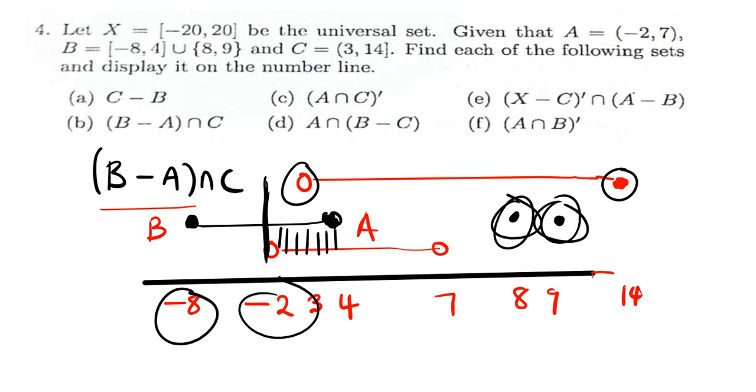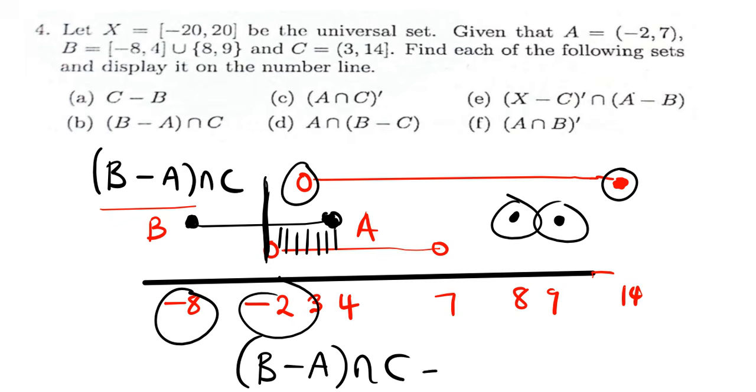Those are the only parts that are going to be found in both sets. So B minus A intersection C will just be equal to {8, 9}. Then you put your braces. Okay, so basically that will be our solution.